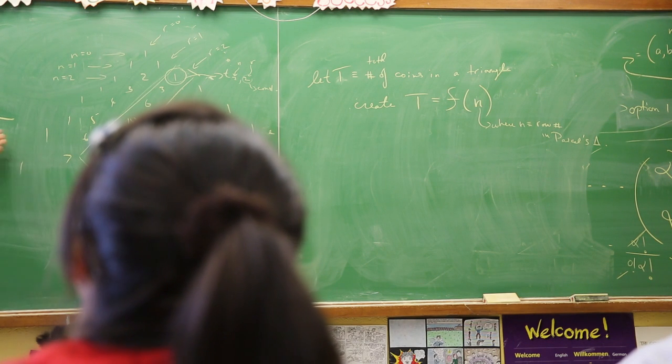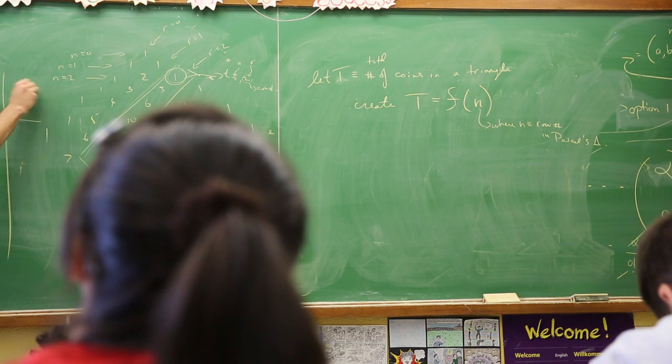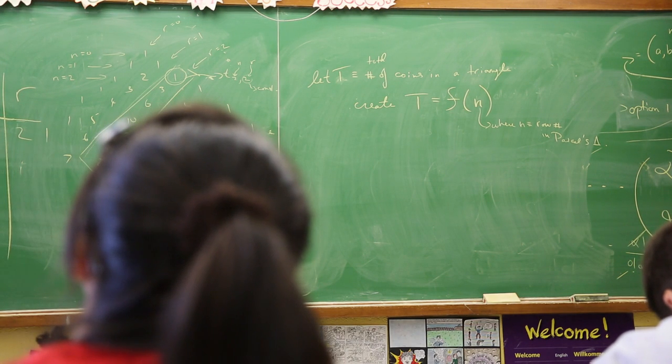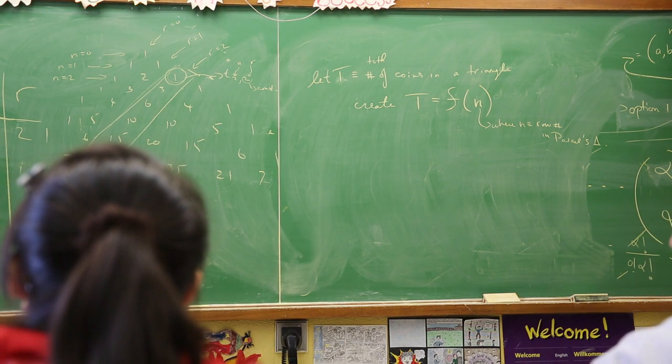Okay. Now, what is r? Now, when you are in row 3, you have 3, right? And when you are in row 4, you have 6, right? And so on and so forth. Does that make sense? But the r stays constant, right?